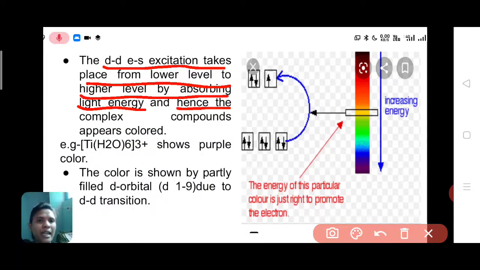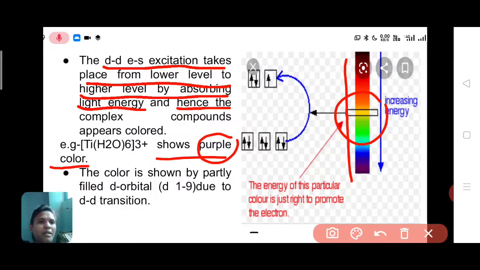See, titanium has which oxidation state? +3 oxidation state shows purple color because it absorbs a particular light energy from this white light. This white light contains 7 colors, and by absorbing some particular wavelength of a particular color, it appears in purple color.